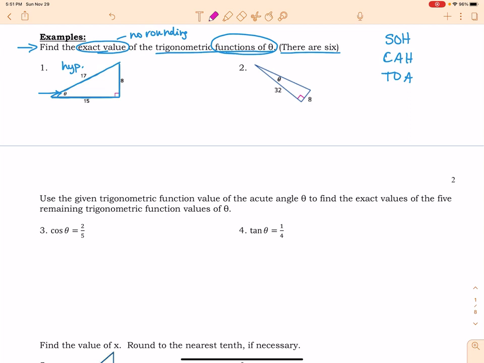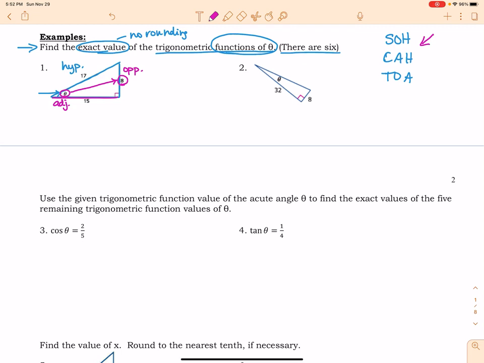If you'll notice where theta is right here, the side opposite that angle is 8. That's the opposite side, and the adjacent side is 15. The orientation of angle theta is very important because that is going to determine what these look like.